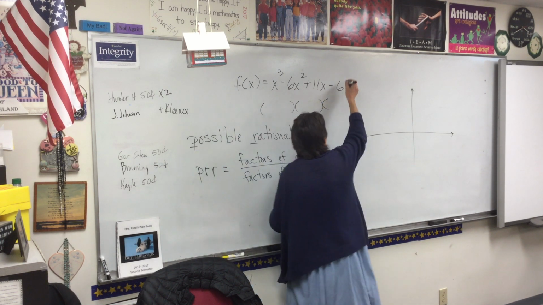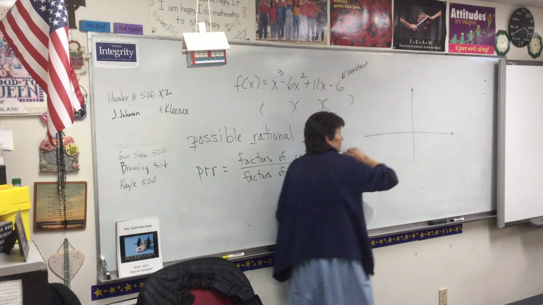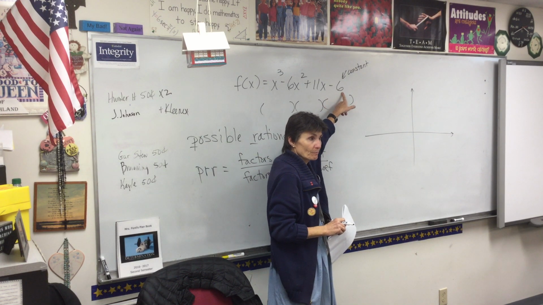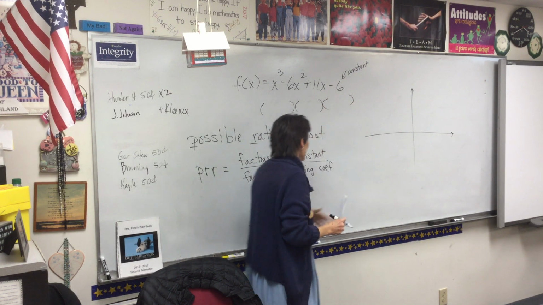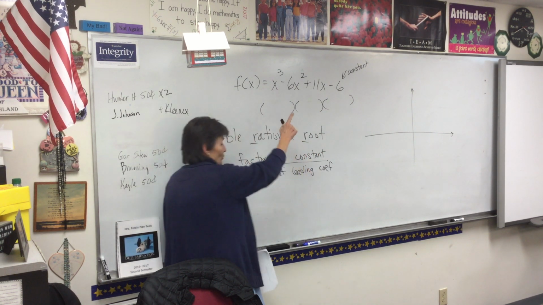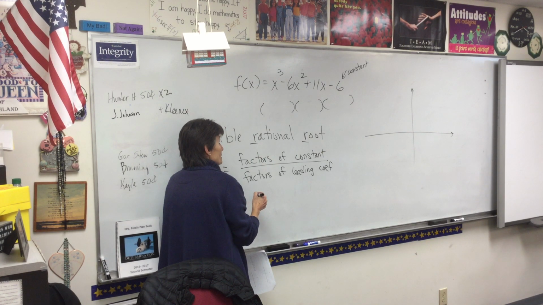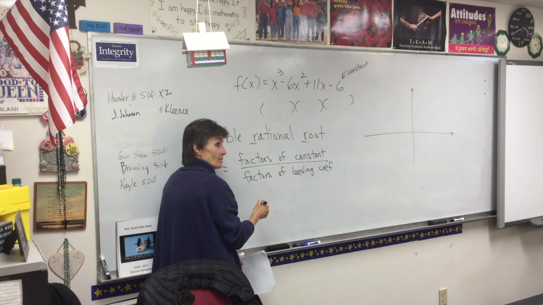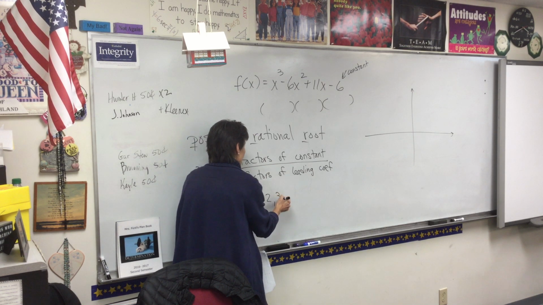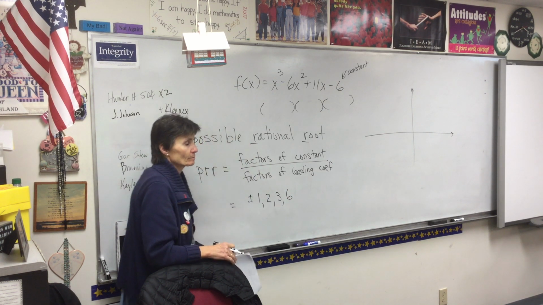That's called the constant term. It never changes. I don't care what x is, that term's going to be -6. It's called the constant. So when I build my PRRs, what are the factors of my constant? 6, 1, 2, and 3. Now, plus or minus, you got to include the positives and the negatives. But there are the factors of your constant.